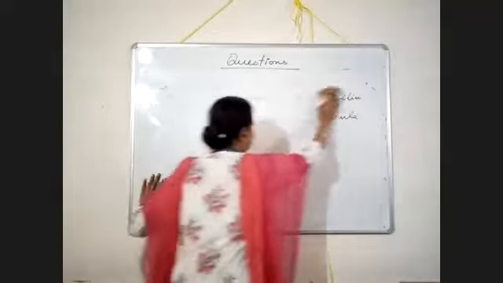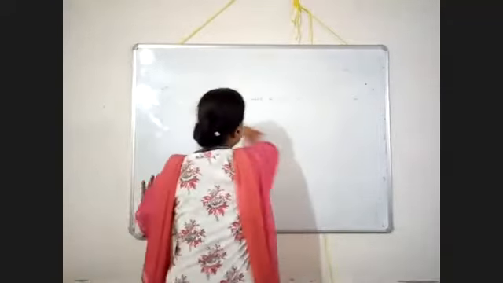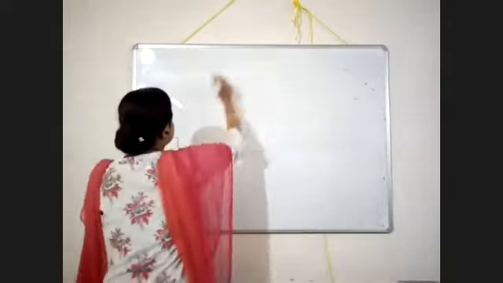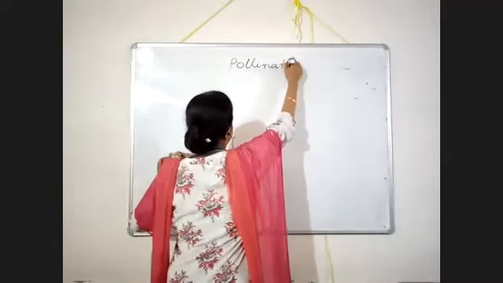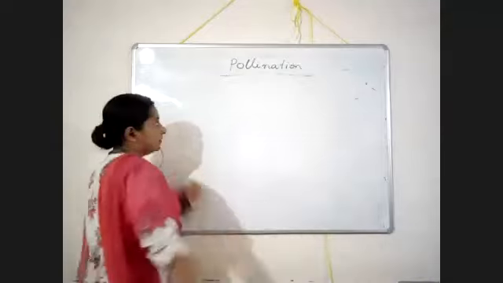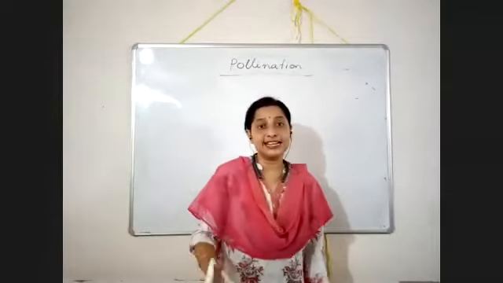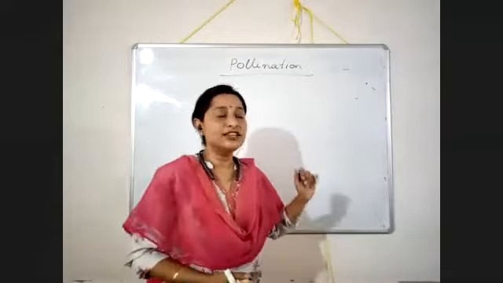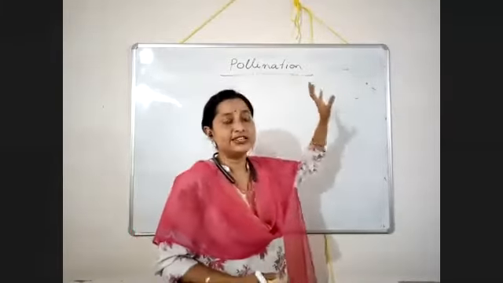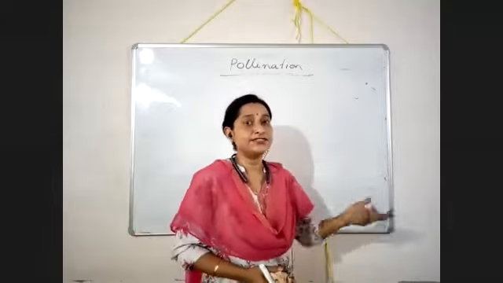After this portion, the next unit that we need to discuss is pollination. Pollination is obviously an important aspect before fertilization. This is a very common topic that we have studied already.